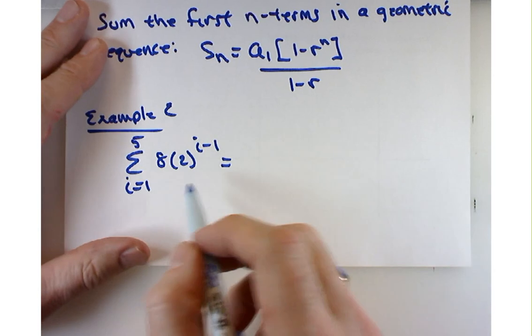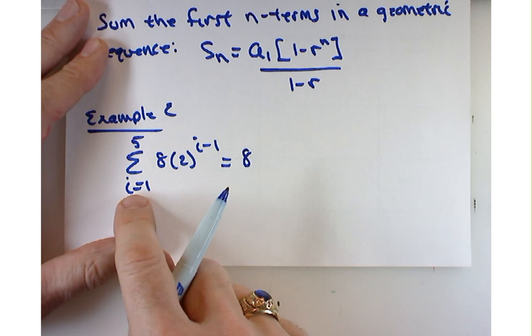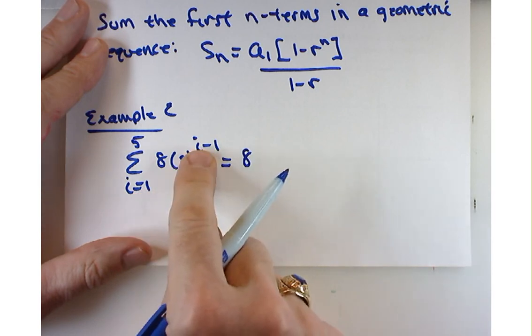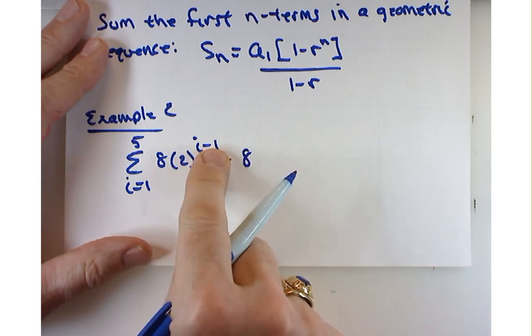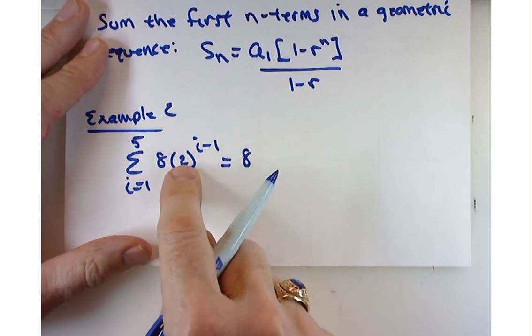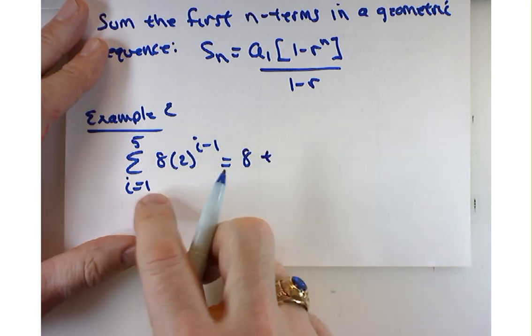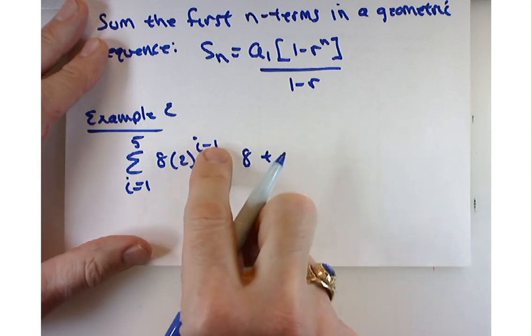In this particular case, it would look like this. At i equals 1, you'll have 2 to the 1 minus 1 power. Well, that's 2 to the 0 power. What's 2 to the 0 power? 1. So I get 1 times 8, which is just 8. If I put in a 2 here, 2 minus 1 is 1.